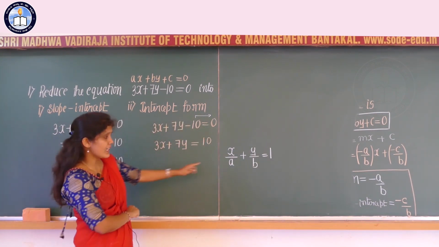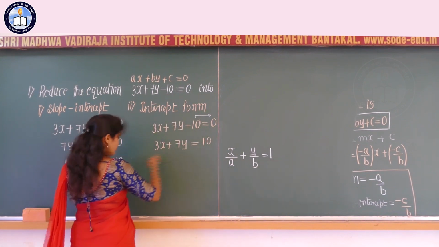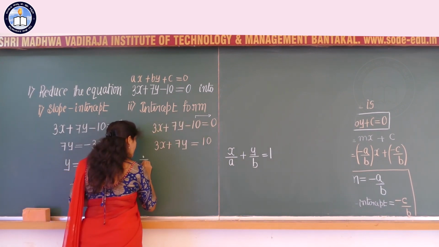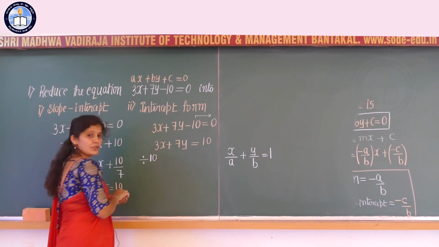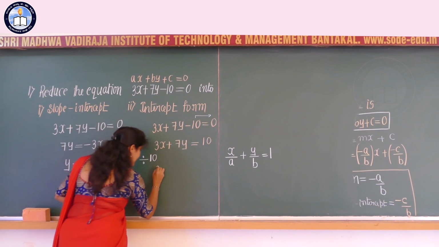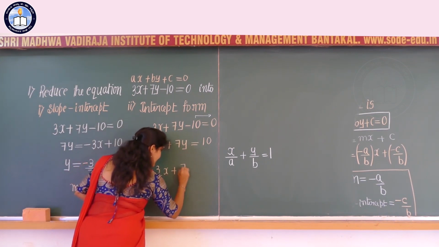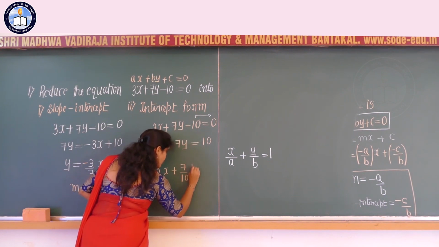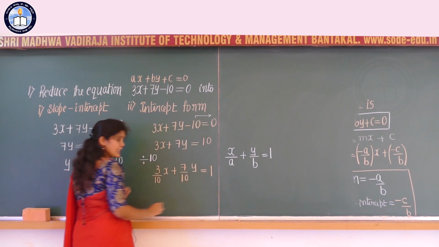Now on the RHS you should get the constant 1. In order to get the constant 1 on the RHS, I'll divide throughout the equation by 10. So dividing throughout the equation by 10, that gives 3 divided by 10 into x plus 7 divided by 10 into y is equal to 10 divided by 10, that is nothing but 1.